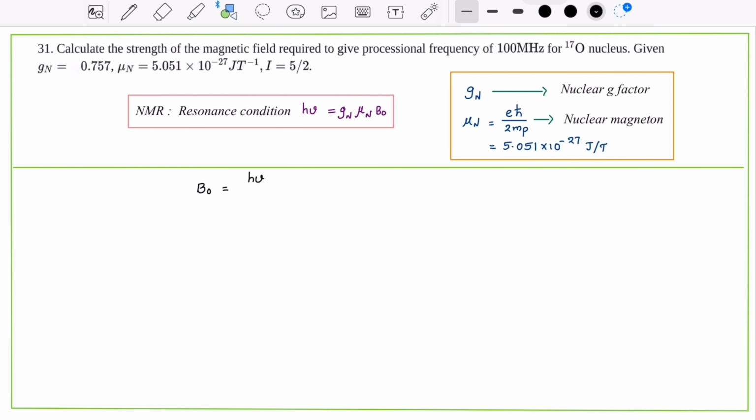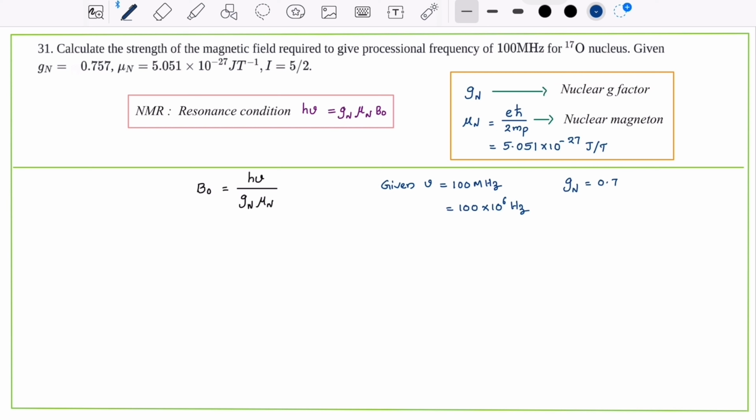From the NMR resonance condition equation, we can say that B0 is equal to h nu divided by Gn mu n, where Gn is the nuclear g factor and mu n is the nuclear magneton. It is given that nu is equal to 100 MHz, that is 100 into 10 raised to 6 Hz.